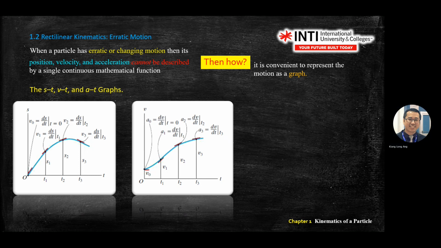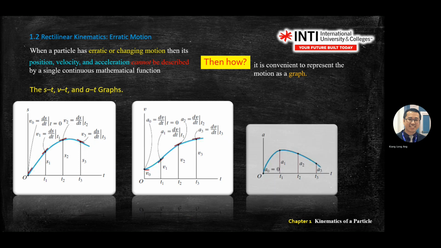And for the A versus T graph, the slope means nothing, right? Because if you take A divided by T, you get undefined. It doesn't give you any meaning.